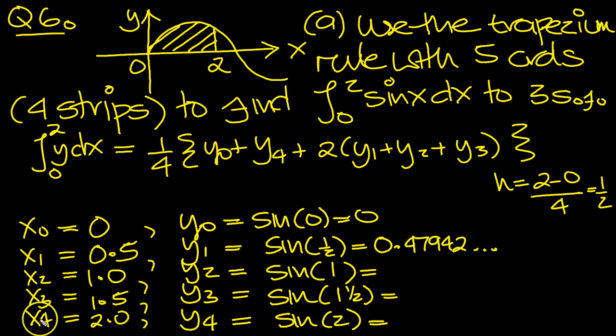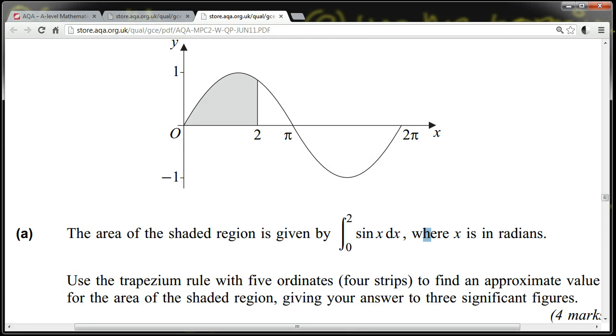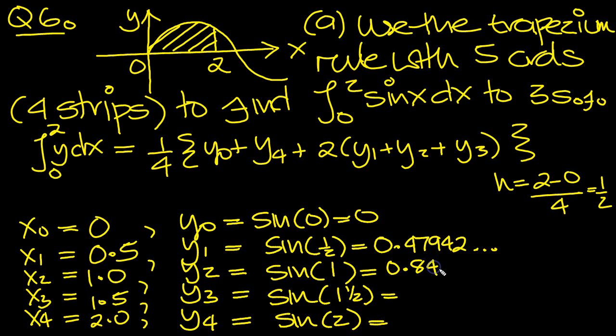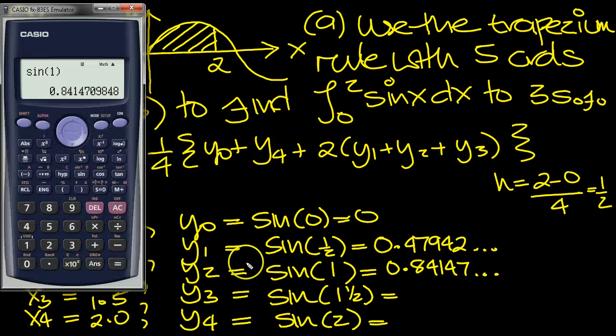So we can just carry on like that. I think that should be fine. Let's get the calculator back. So let's go back and change this to a 1 now. Sine of 1 is 0.84147. The next one will be at 1.5.